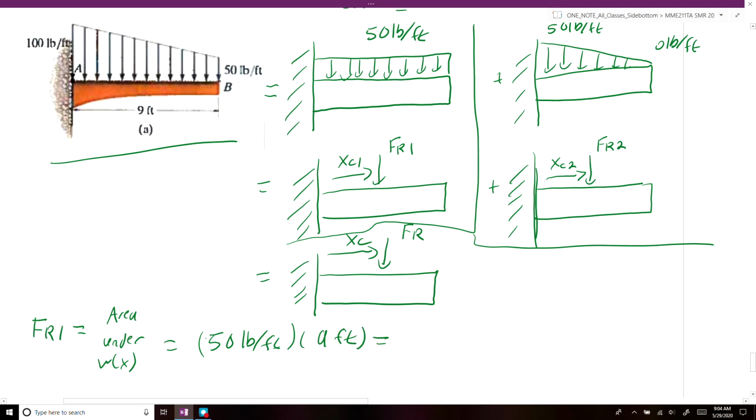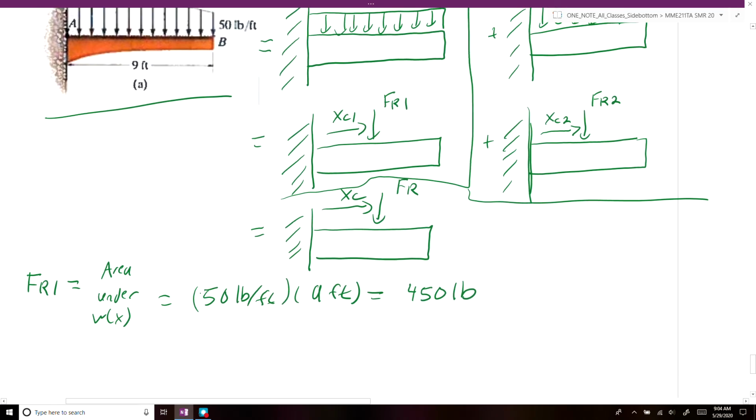So that would be equal to 450 pounds. And then XC of 1, or the centroid of that area for a rectangle, is just going to be equal to the length over 2. So it's going to be equal to 9 feet divided by 2, or 4.5 feet.